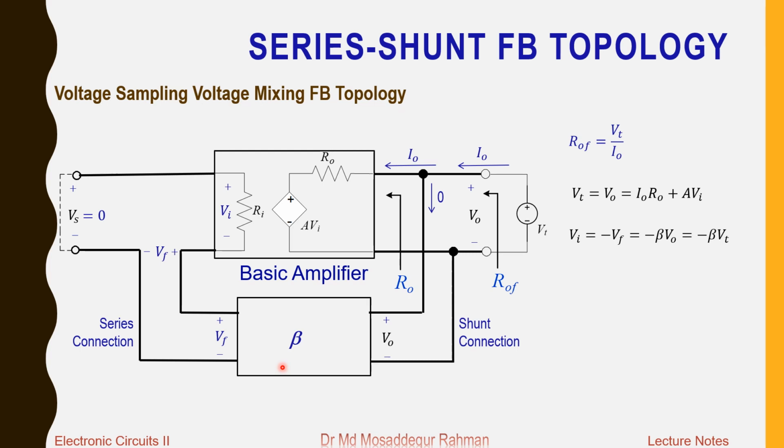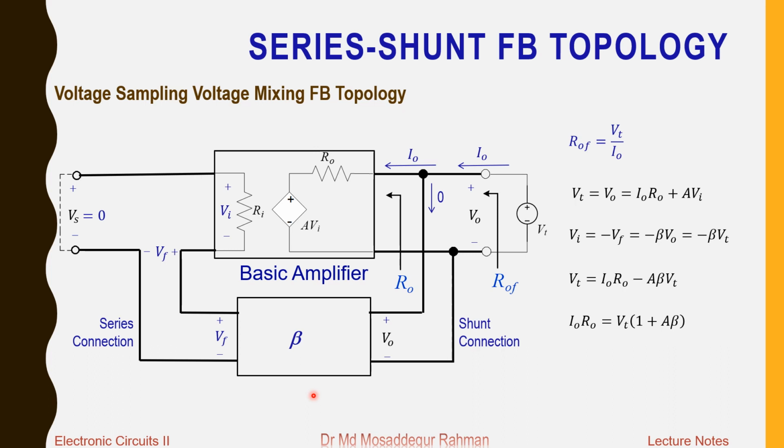Now replacing this Vi with minus beta Vt in this expression for Vt, finally we get this equation. Now, rearranging the terms of this equation, this can be expressed like this.